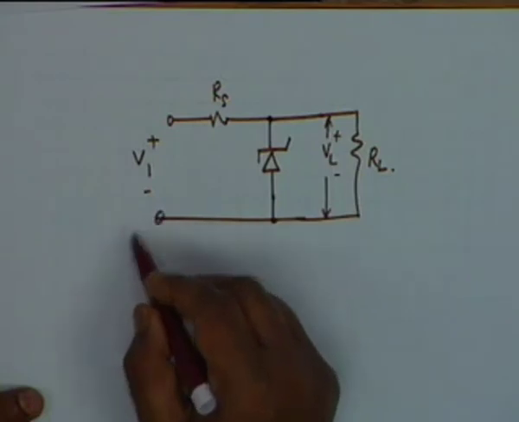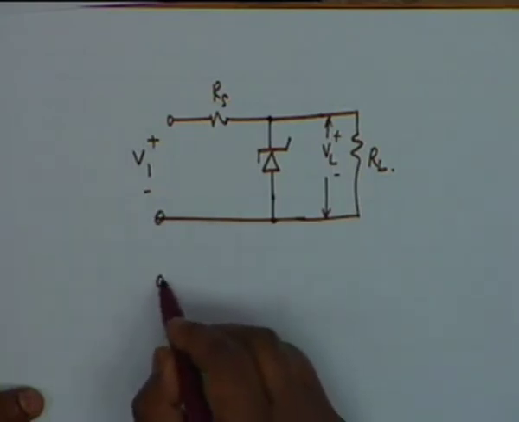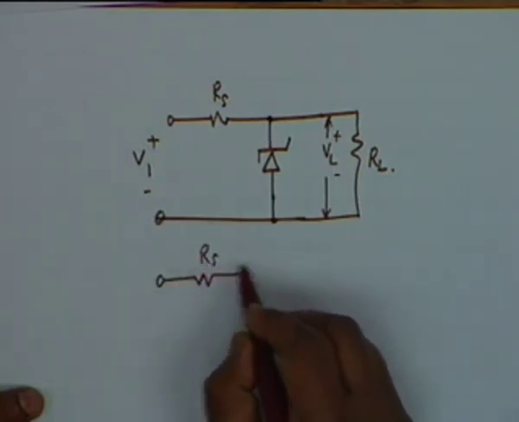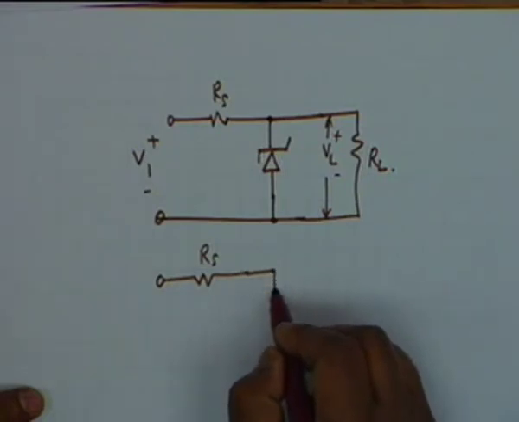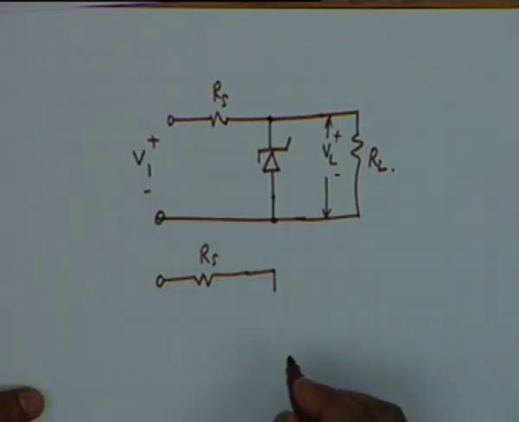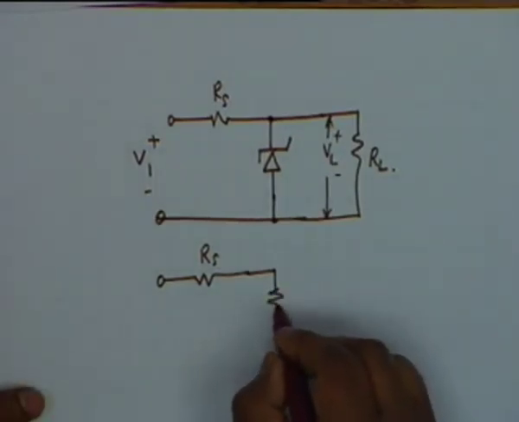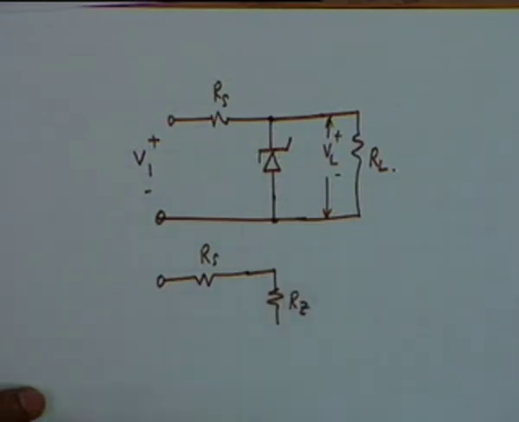Now you see the equivalent circuit of this: RS, then the Zener you shall represent by, because it is operated in the reverse direction, all that you need to include is an R sub Z and the breakdown voltage.